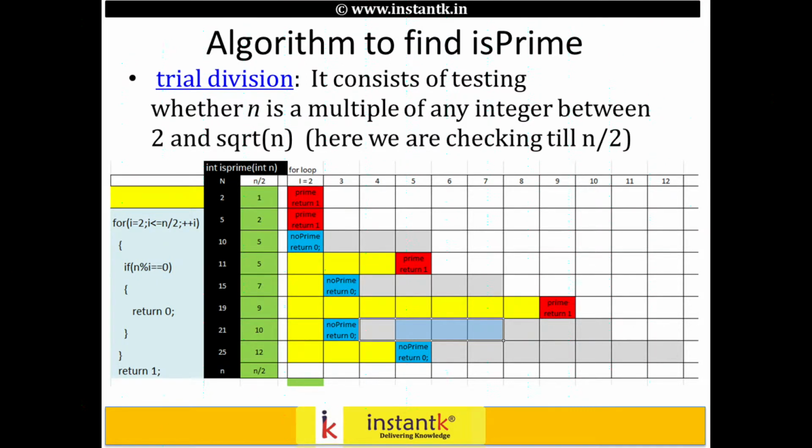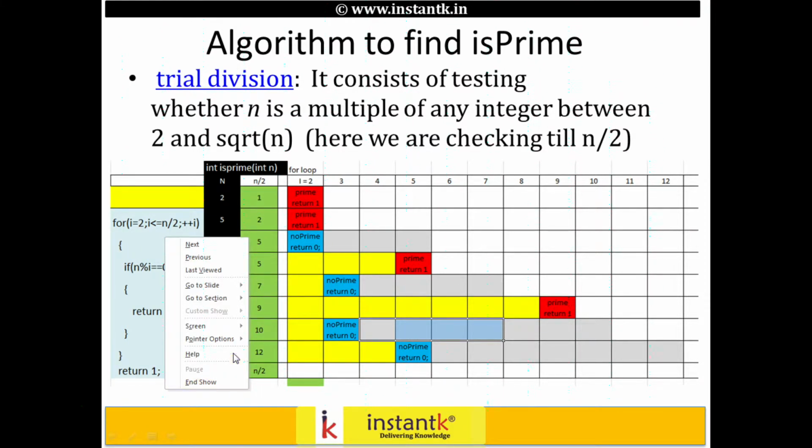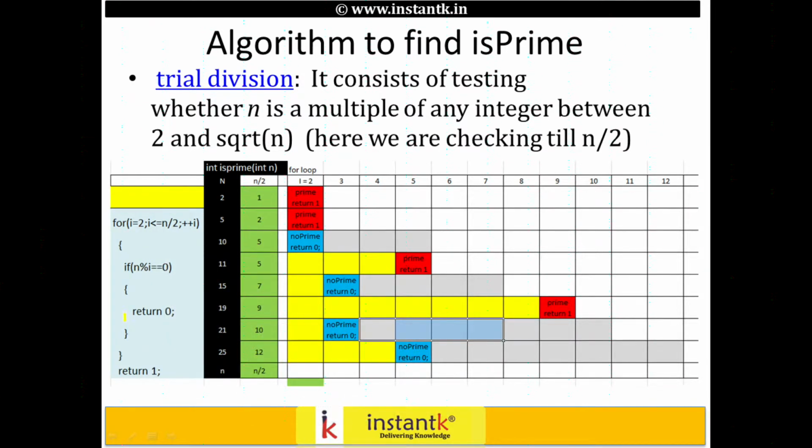What I have written here is a simple algorithm following this trial division to find a prime. So for i equal to 2, because 1 is no point, it's from 2 to n by 2. If you don't find any number from 2 to n by 2 that divides n, we can safely call it a prime.